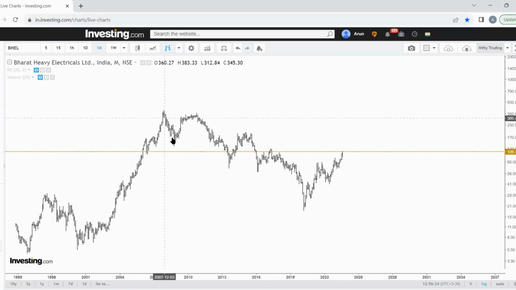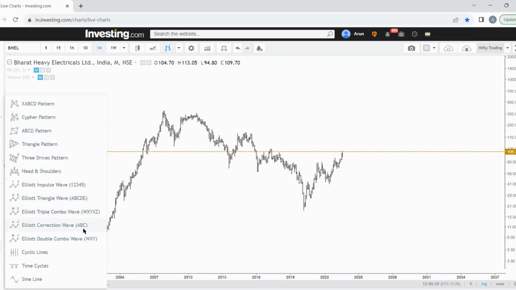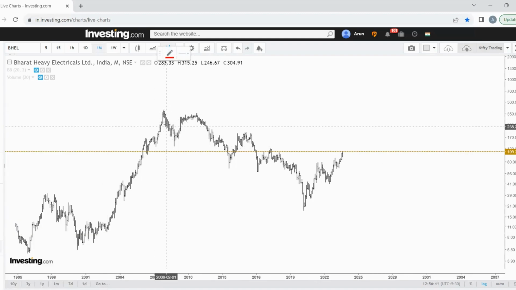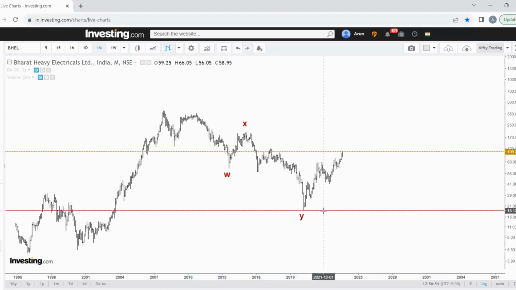So here A, B, C, W, X, and A, B, C. So probably the correction would have ended in this zone. So we will start counting from this 2020 low.